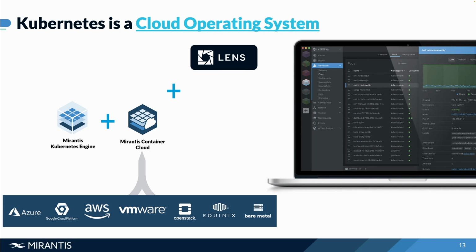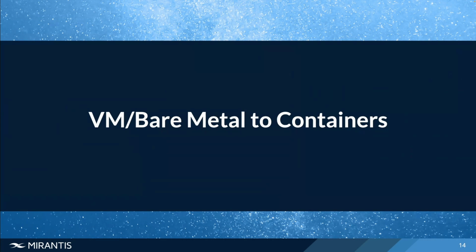If we use that concept of Kubernetes as being a cloud operating system, and we agree that we would be using Kubernetes on all these instances, then we can start to look at how we can migrate from VM or bare metal instances to containers, right?